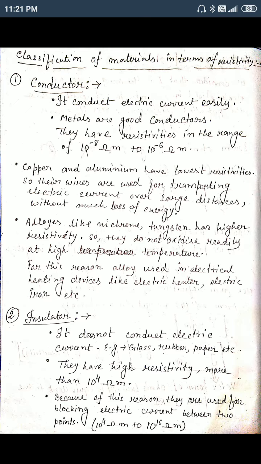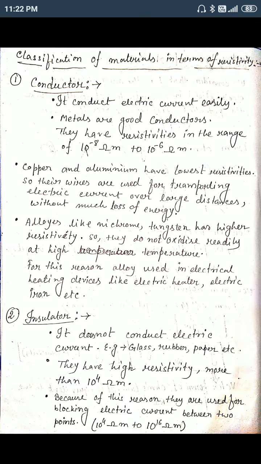Copper and aluminium are metals with the lowest resistivity, but alloys such as tungsten or nichrome have higher resistivity, and because of this these alloys are used in electrical heating devices, such as electric heater, electric bulb, and electric iron. In the electric bulb also, tungsten is there.